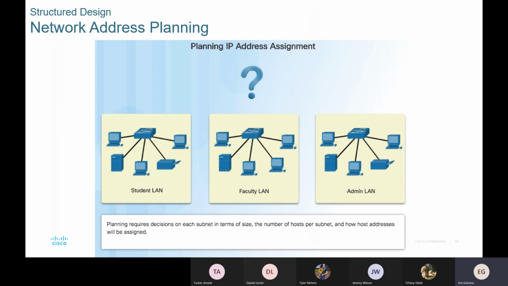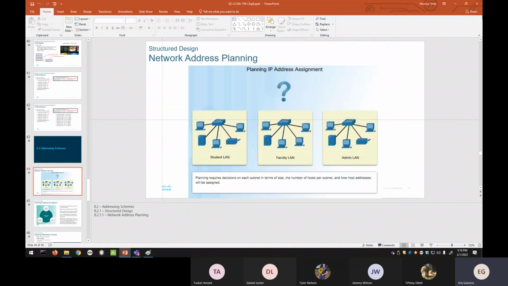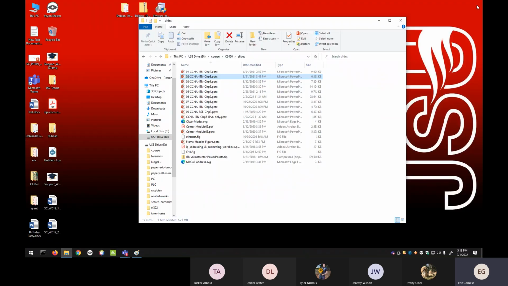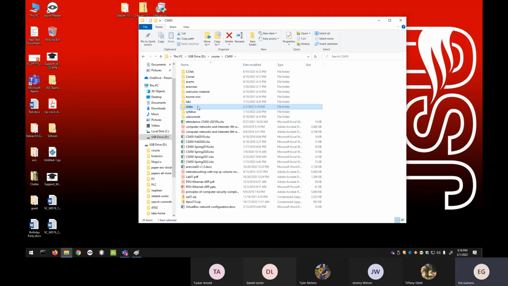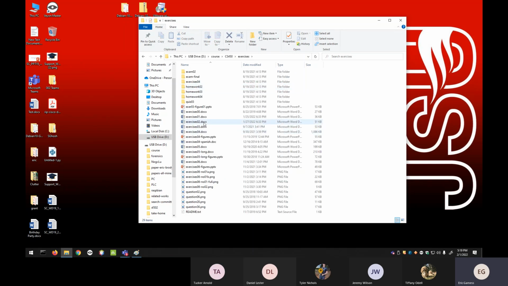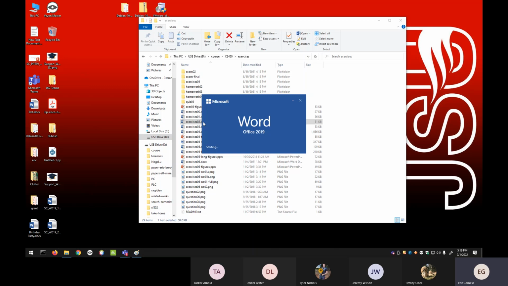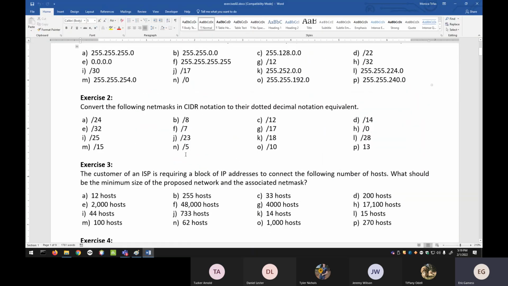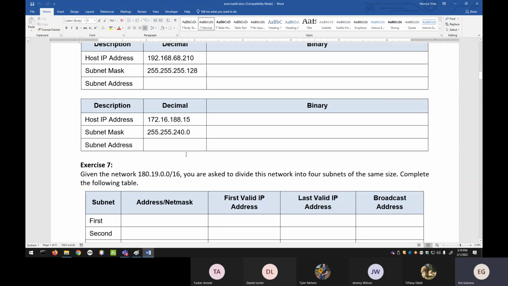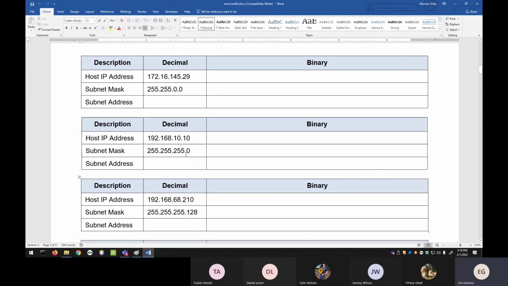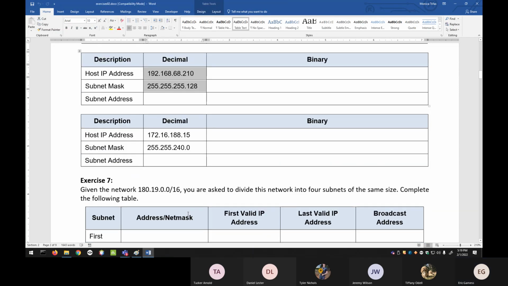Now we are going to do more exercises to get familiar with subnetting with different sizes. So let me go back to the last exercise that we were doing. If I remember correctly, it was in exercise 2, and we did this last exercise. Okay?